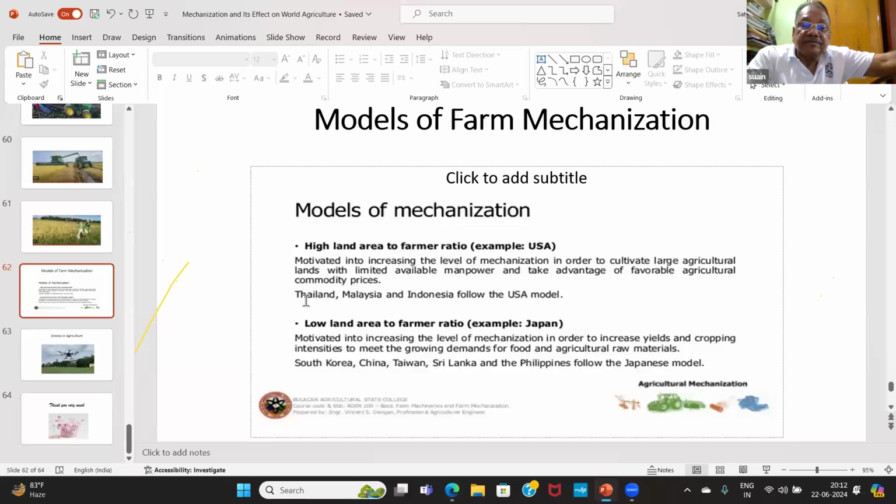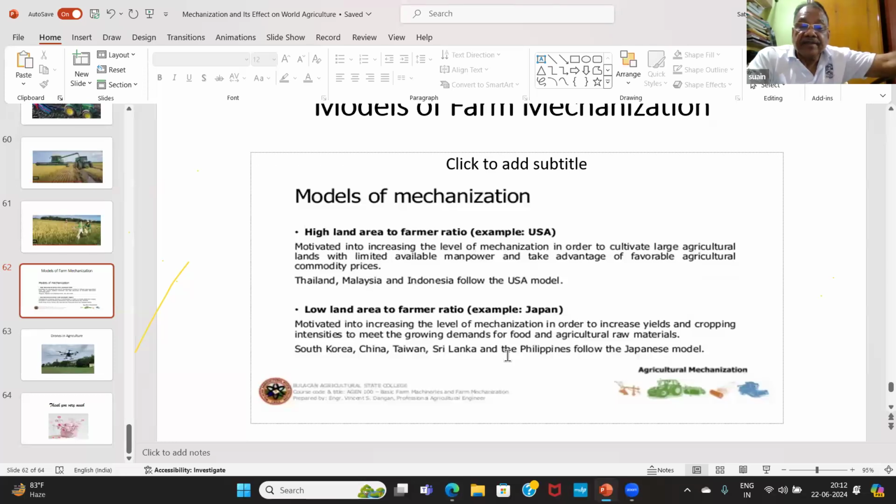And that model is being followed by Thailand, Malaysia, Indonesia, these countries. Low land area to farmers ratio is Japan. And that is followed in South Korea, China, Taiwan, Sri Lanka, and Philippines. And Japan is supplying, Korea is also supplying machinery to other countries.